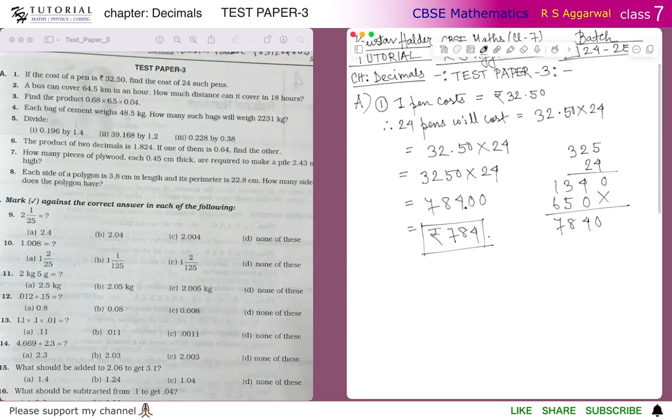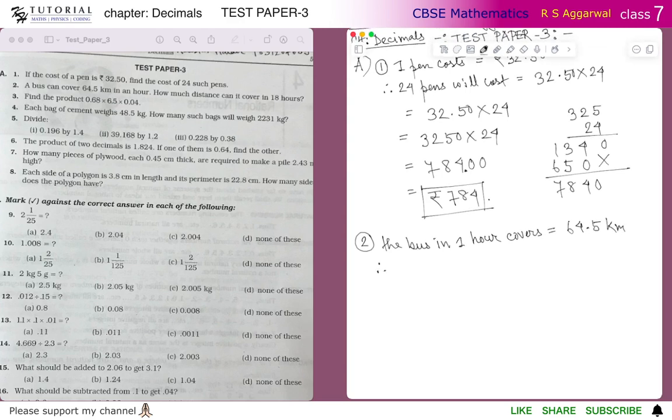Okay, let's do 2. A bus can cover 64.5 kilometer in an hour. How much distance can it cover in 18 hours? Okay, so the bus in 1 hour covers 64.5 kilometer.